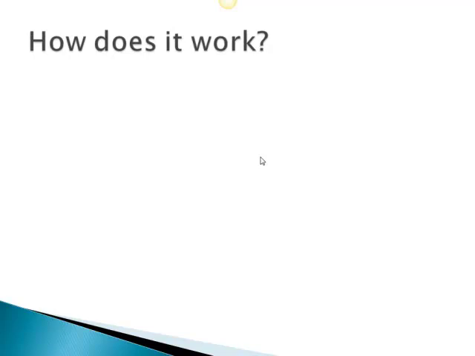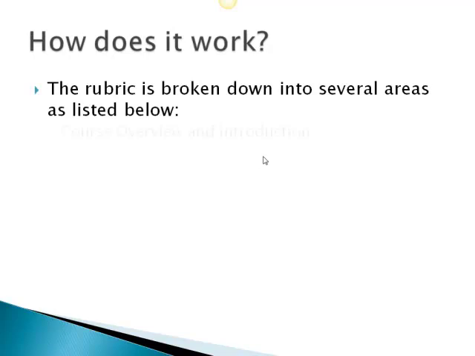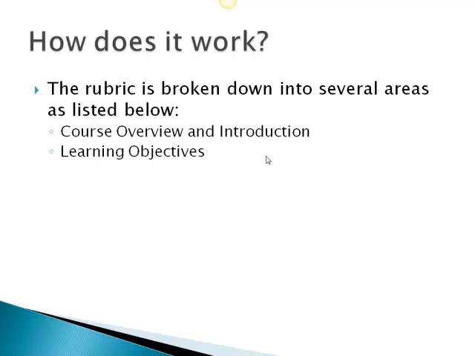So how does it work? Well, the rubric is broken down into several areas as listed below. Course overview and introduction is one area, and that's broken down into sub-elements. And then learning objectives, obviously this is something we all are familiar with. Assessment and measurement, so how is assessment done and what criteria are used to measure.